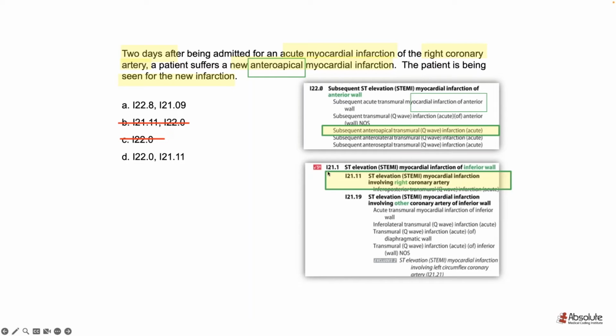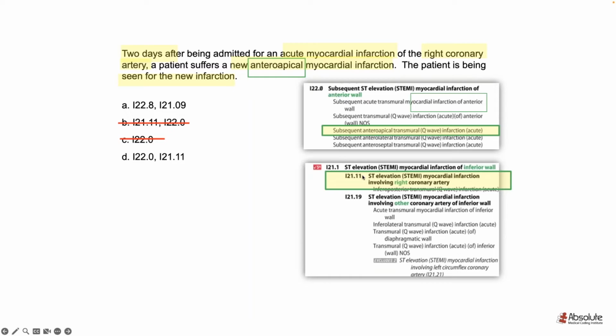And I21.11 is the STEMI for the right coronary artery. I like that too because the previous one was a STEMI of the right coronary artery. So I like it. I like this I22. It's a subsequent. I like it.